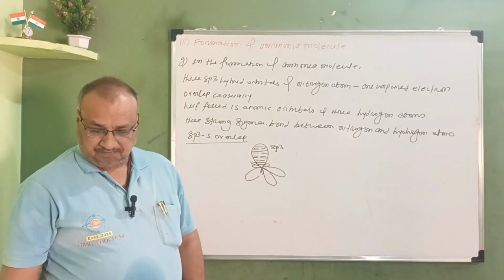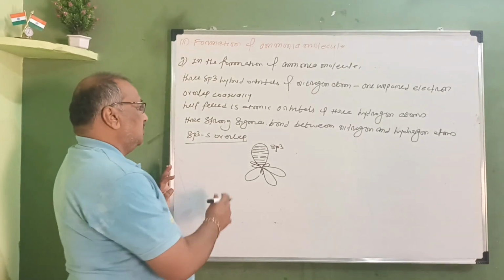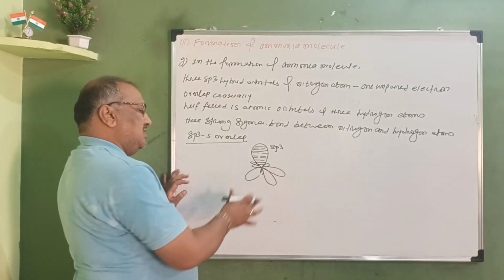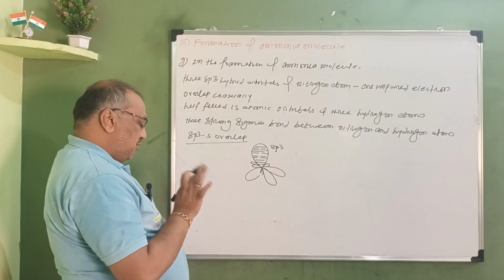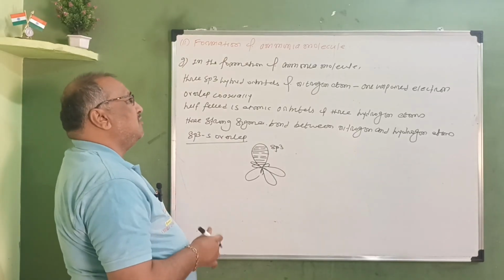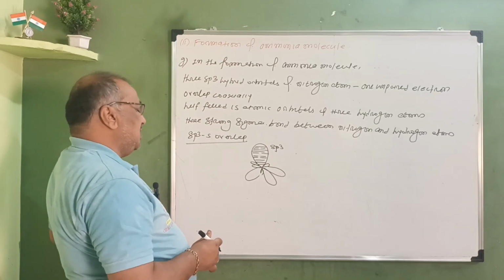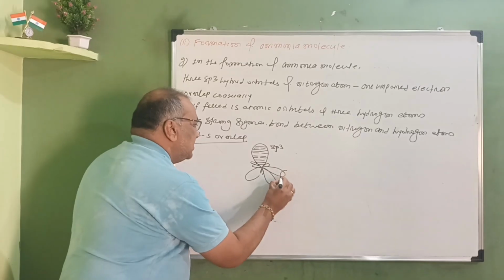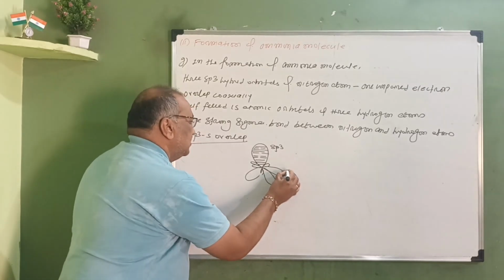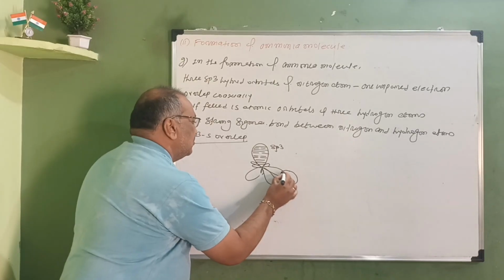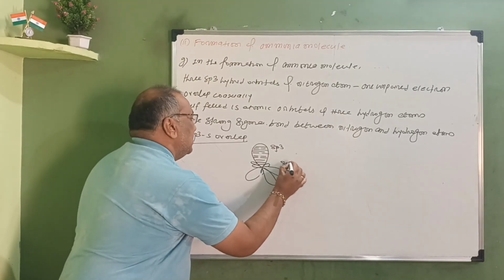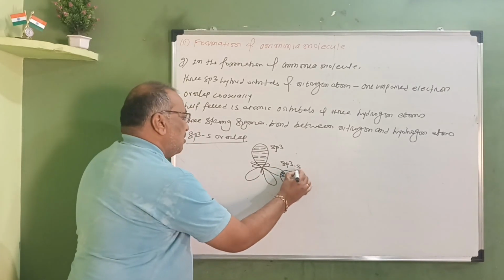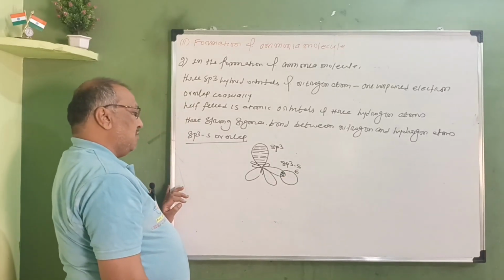Now here these three atomic orbitals, that is those containing unpaired electron, overlap coaxially with half-filled 1s atomic orbital of 3 hydrogen atoms. S atomic orbital is spherically symmetrical. This region is called as overlapping region and type of overlap is sp3s, and here bond formed is the sigma bond.